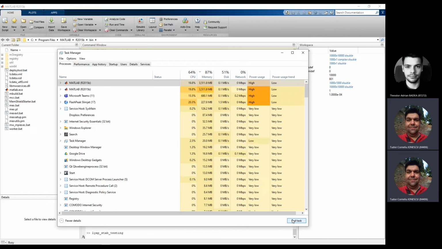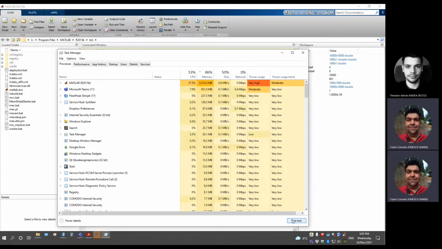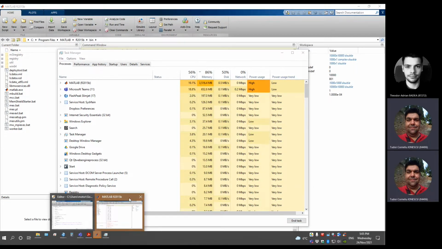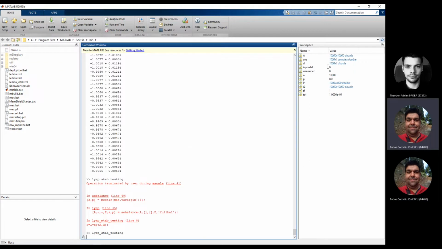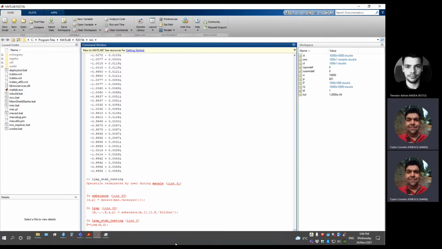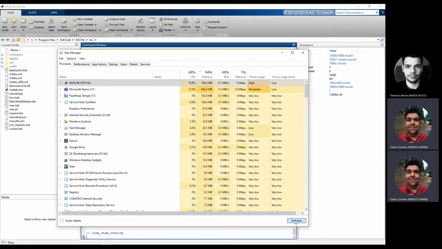That's what I'm doing, trying to kill it. I think this is a bit too much for my PC.